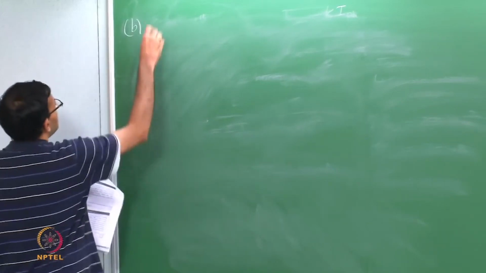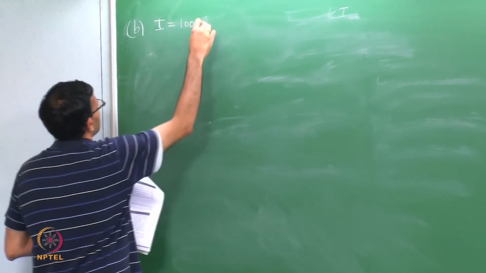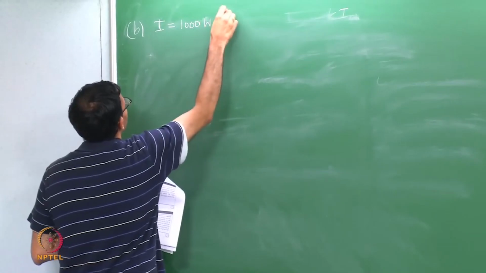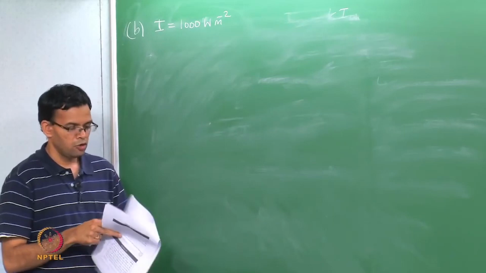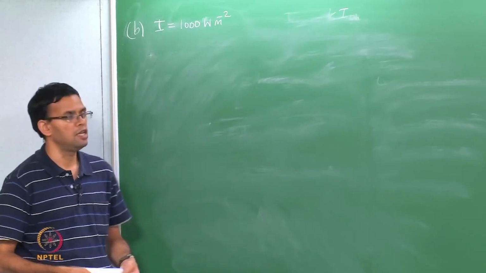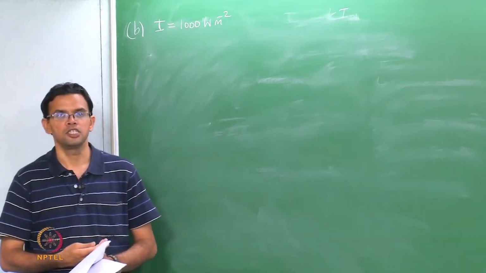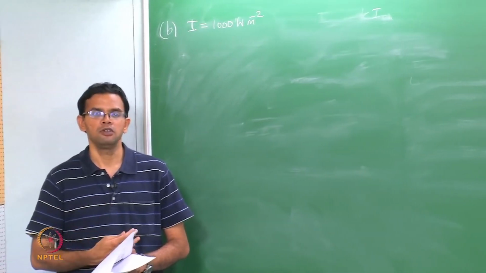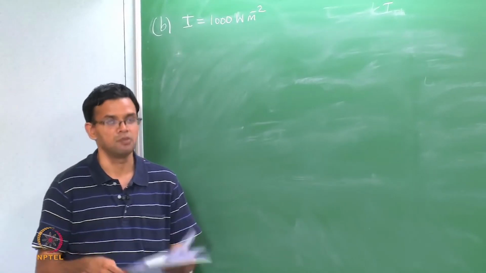So, once again the illumination I is 1 kilowatt per meter square or 1000 watts per meter square. So, in problem A we essentially looked at the load for a given value of current and voltage. We now have to find out the load at which the power transfer is essentially maximum.